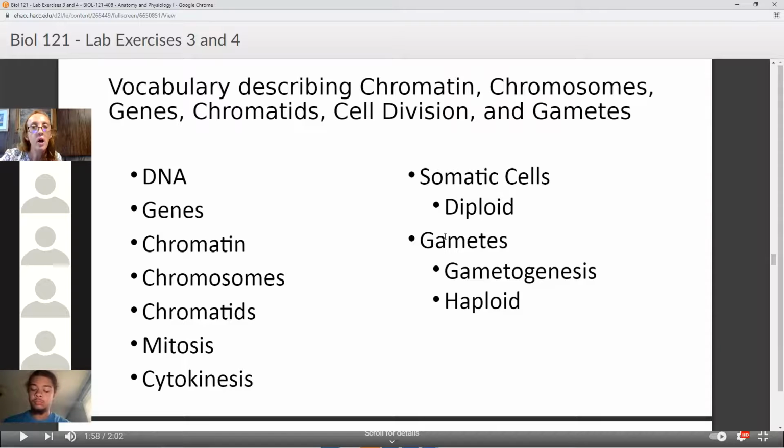So when gametes are formed, only half of the genetic material goes into a sperm or an egg. Let's give an example here. Quentin makes a conscious decision that he's going to make more sperm.